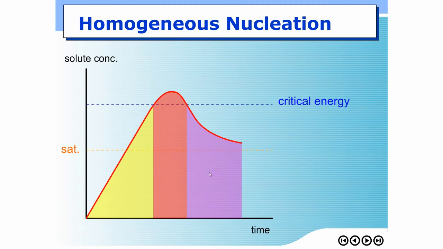But in the purple area, we will have growth only. Okay, the growth would go on and on until the concentration of growth species reaches the saturation point. In that case, the solution becomes stable and growth would stop.